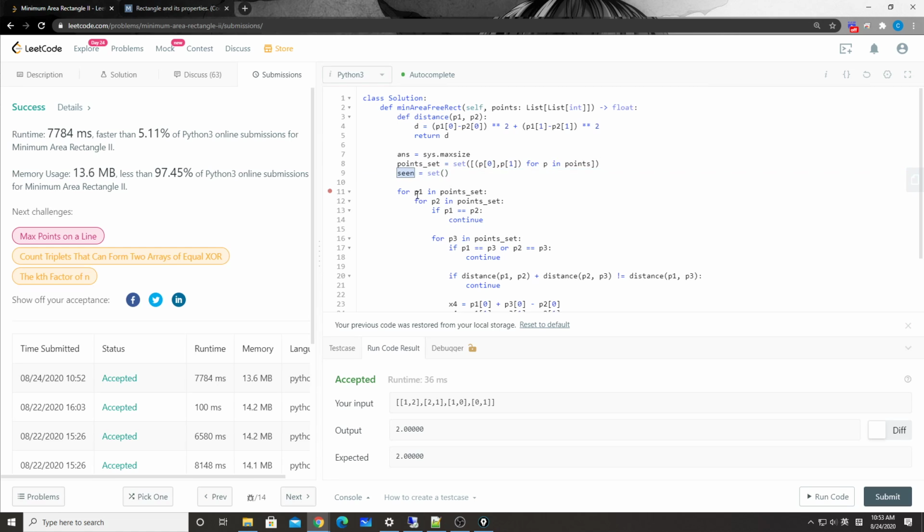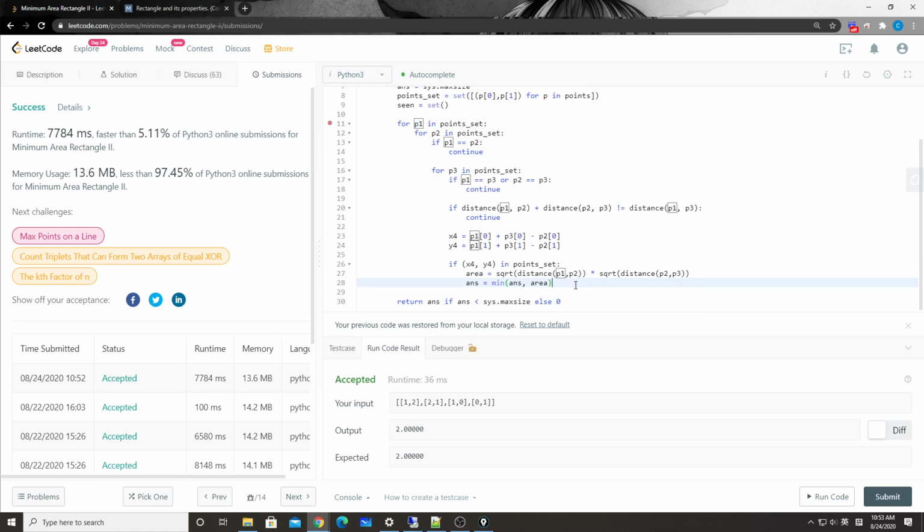Every time we have a point here, we add it to the seen set, like seen.add(p1), so that we incrementally and slowly increase the size of the seen set.